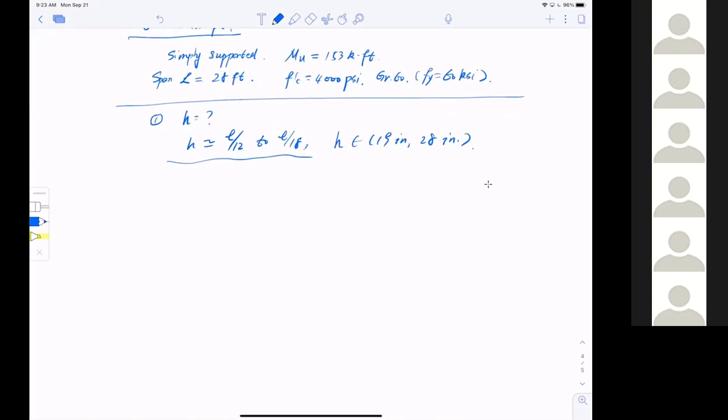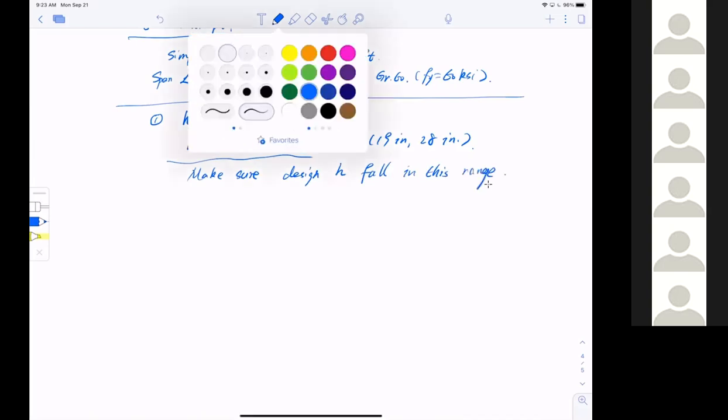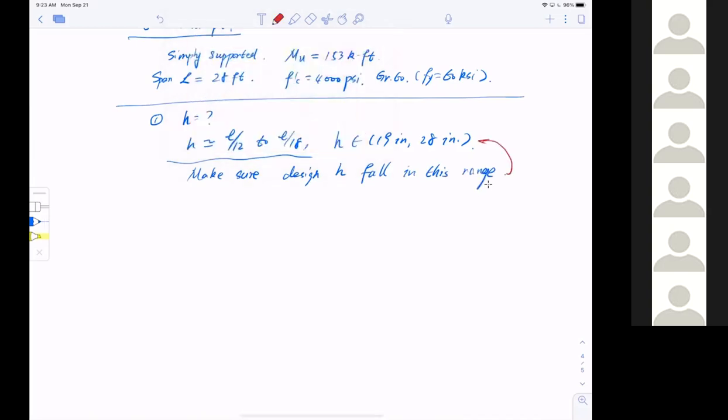All I have to do is make sure our design height, design h, falls in this range. Whatever your design height comes up with at the end has to be between these two numbers.